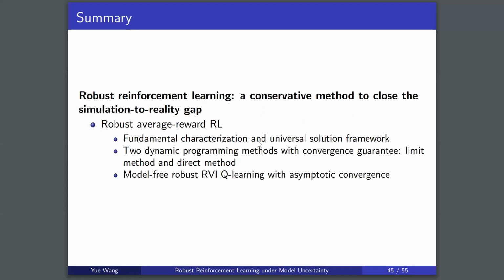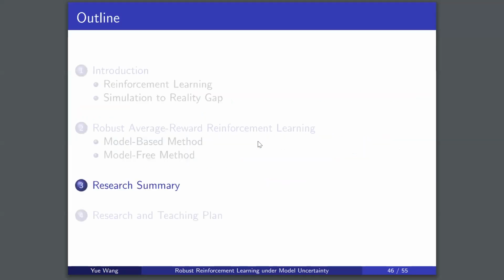So to summarize, we studied the robust reinforcement learning or robust MDP problem under the average reward setting. We develop a fundamental characterization and a solution framework for this problem, and develop two model-based dynamic programming approaches with convergence guarantee, and further generalized to the model-free setting with asymptotic convergence.